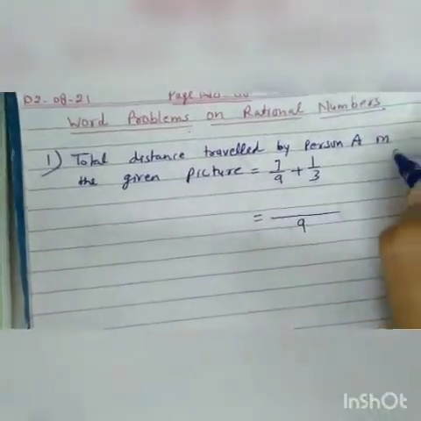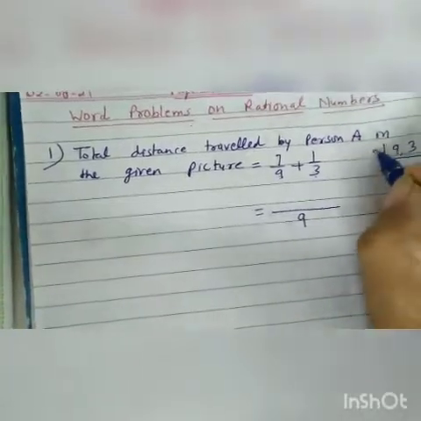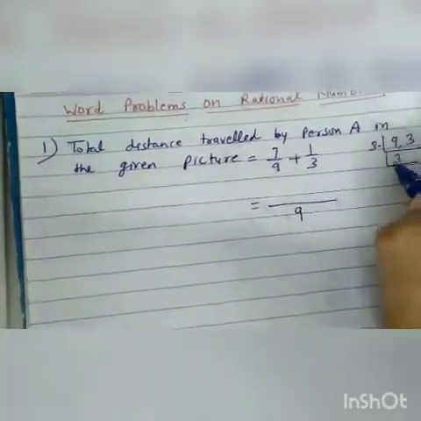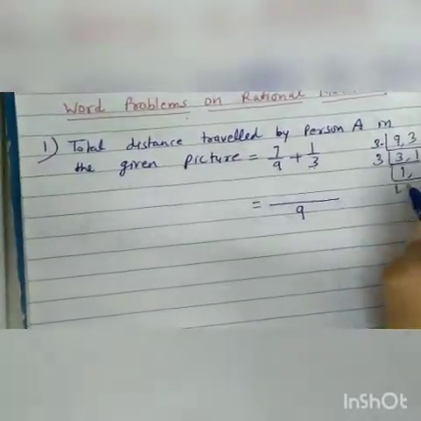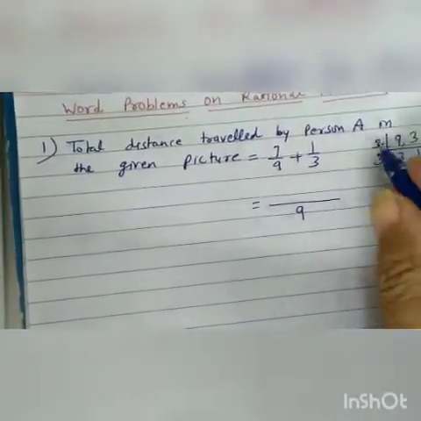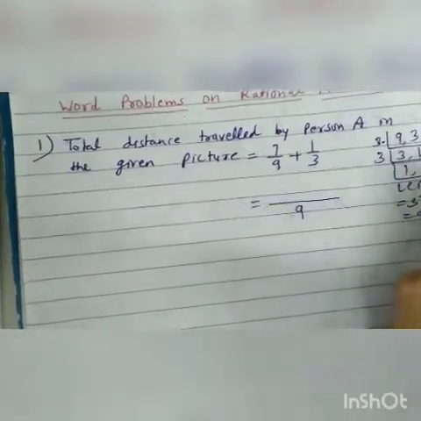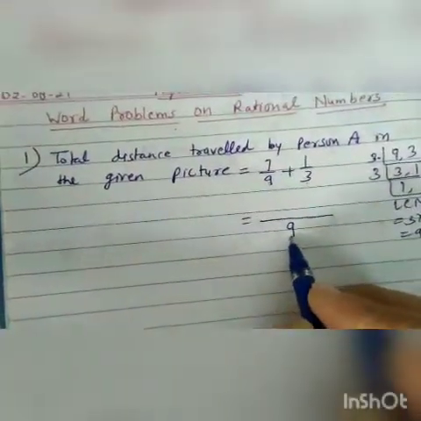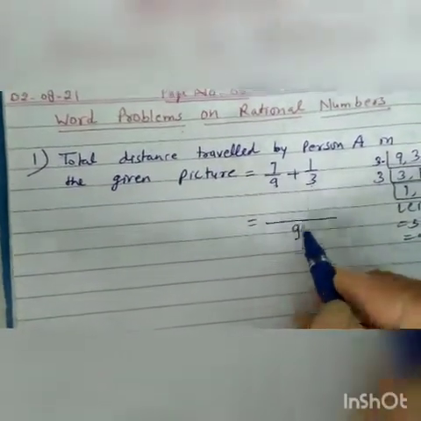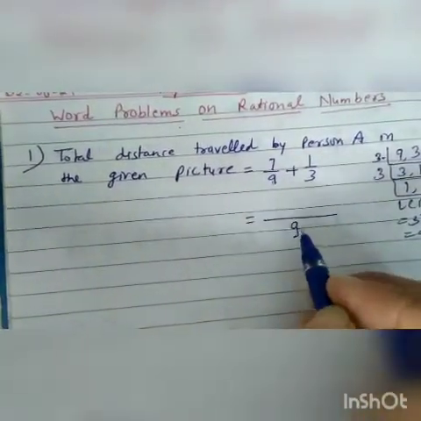Or you can find LCM of 9 and 3 by division: 3 threes are 9, 3 ones are 3, then by 3, 1 and 1, so the LCM will be 3 into 3, that is 9. Now we have found the LCM, 9. Now divide this 9 by this 9, we get 1.